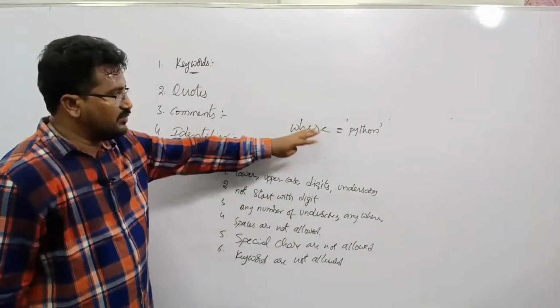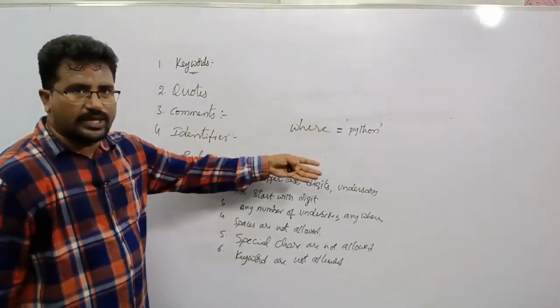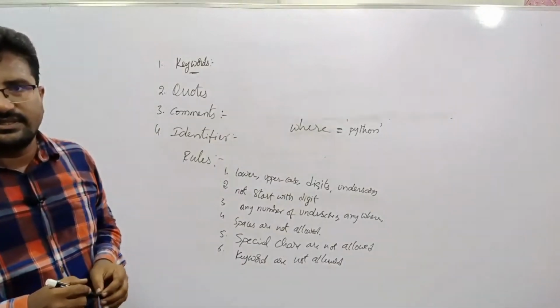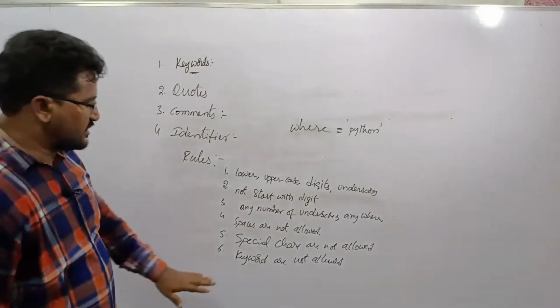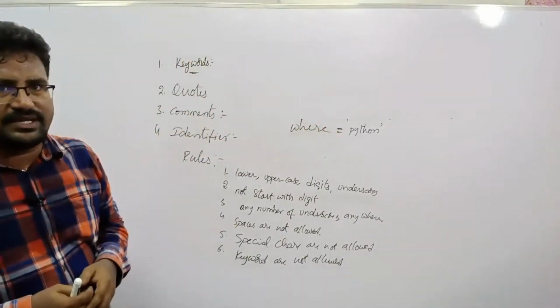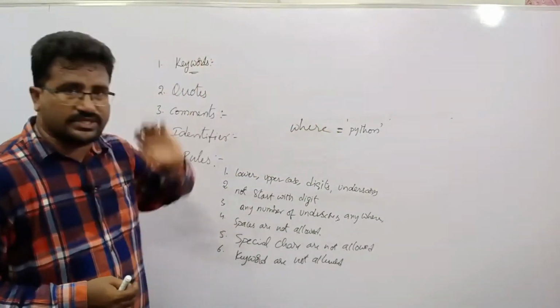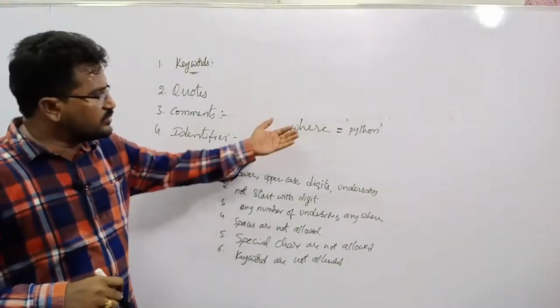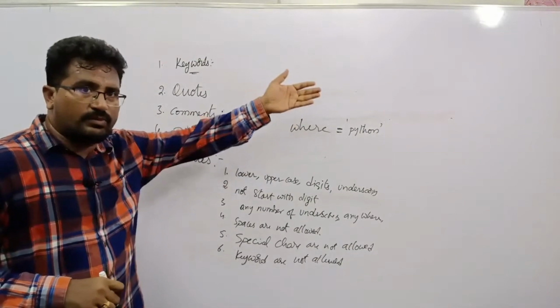So where, select, group by, having are possible. Why? They are not Python keywords. Only Python keywords are not possible, the remaining we can use. Java keywords, yes, we can use them. In Java, private and public are there, we can use them, no problem, because private and public are not in Python.